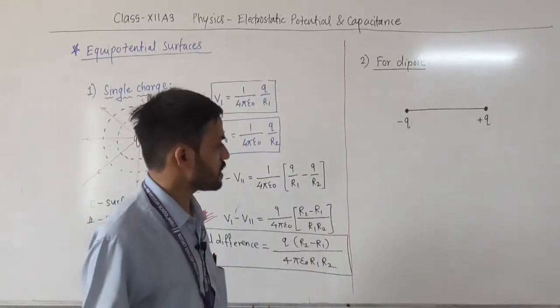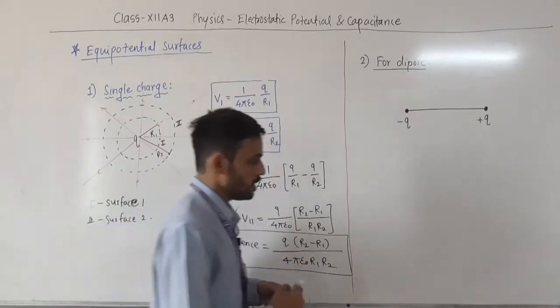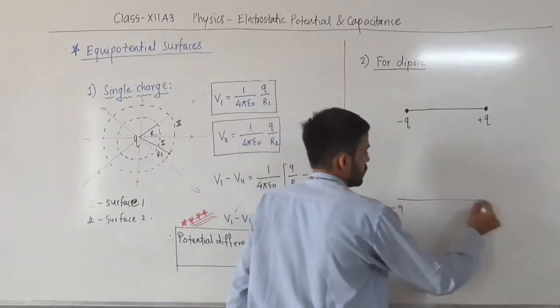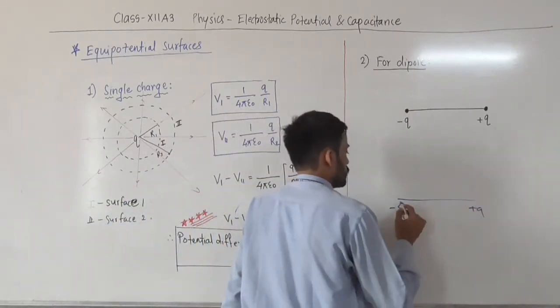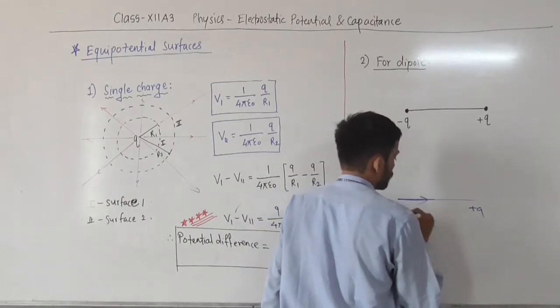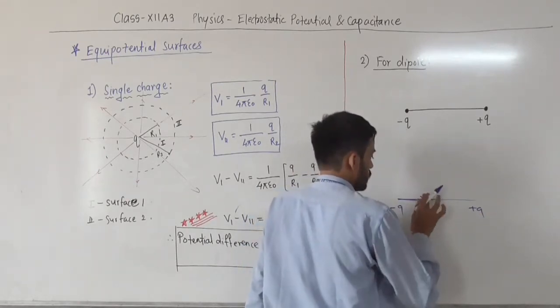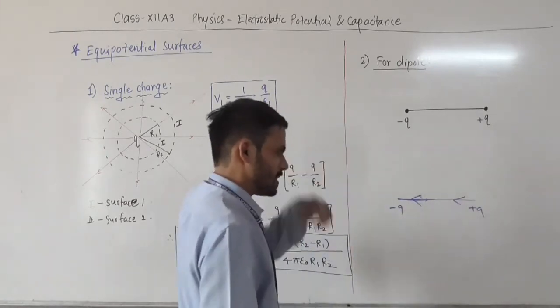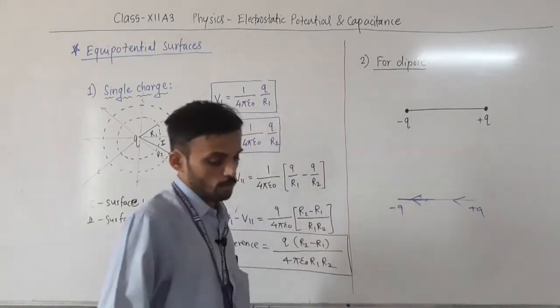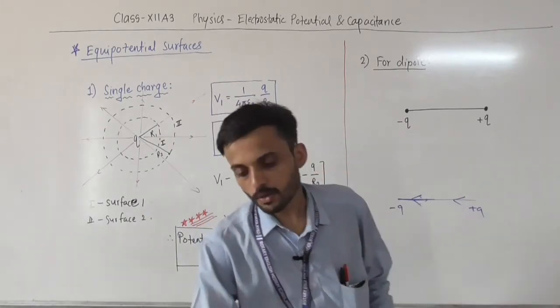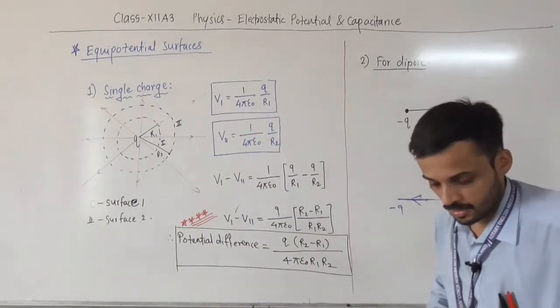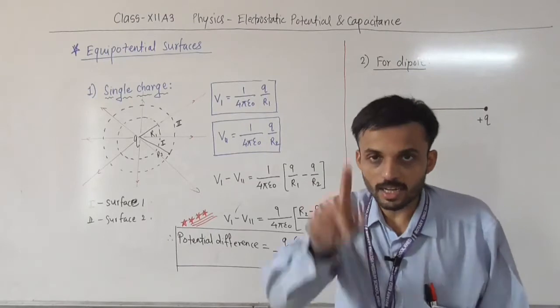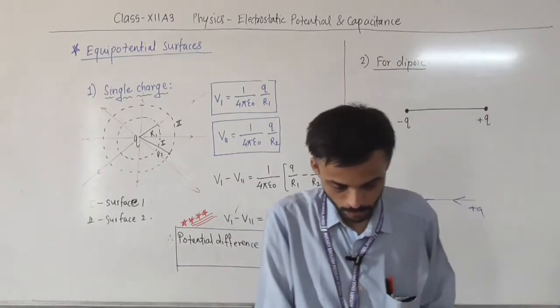Now, if you start, I will roughly show you. If you start from minus q and if you have plus q. So now if you start from minus q, the electric field lines will be like this. Sorry, like this. And from plus q it will be like this.